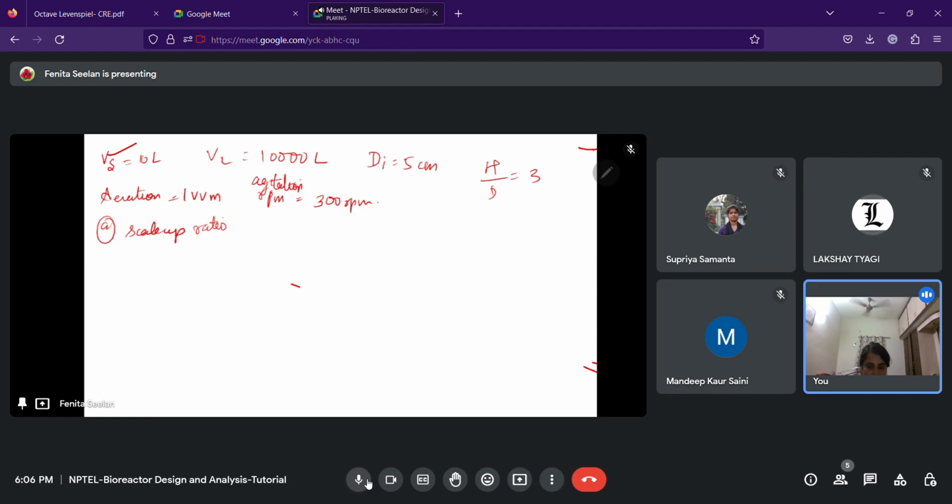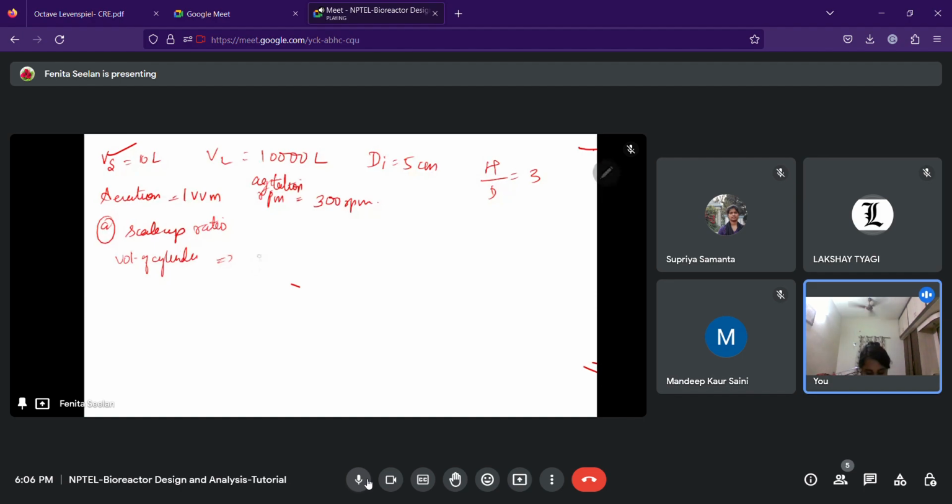And if you assume that for scale-up to happen, dynamic and geometrical similarity should be there between the reactors, you can start by calculating using the volume of cylinder formula, which is pi by 4 times the diameter squared times the height of the tank, which is your reactor.